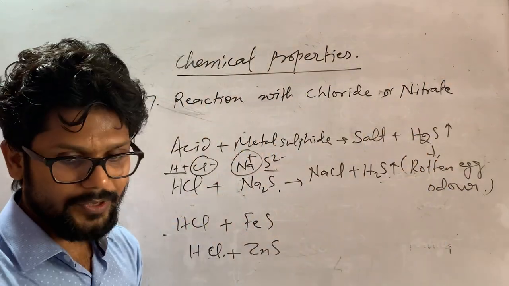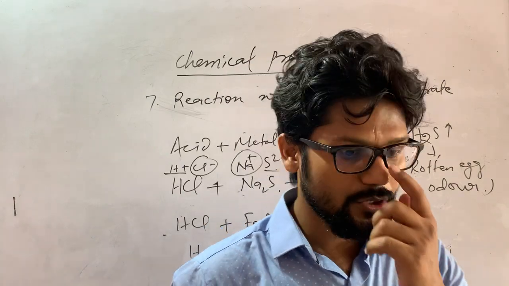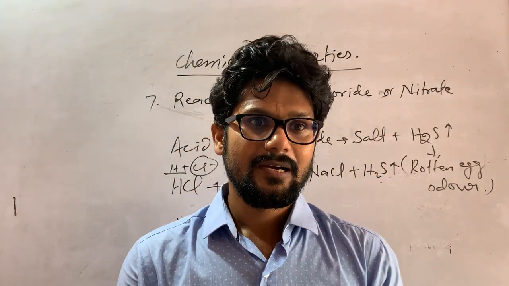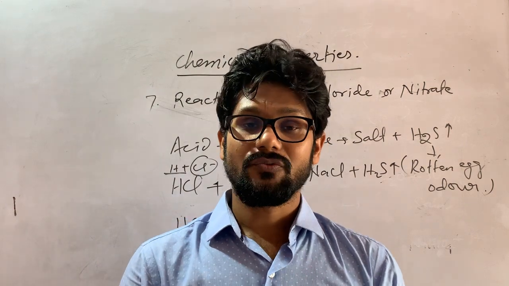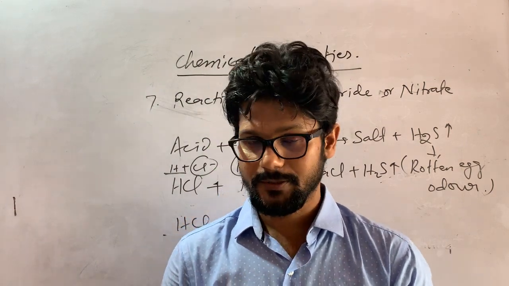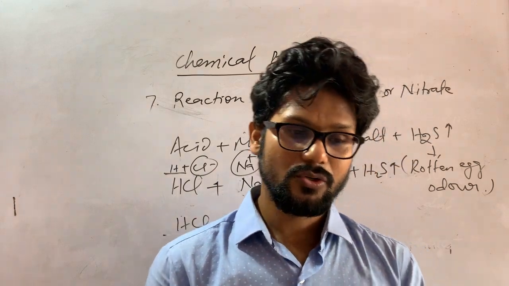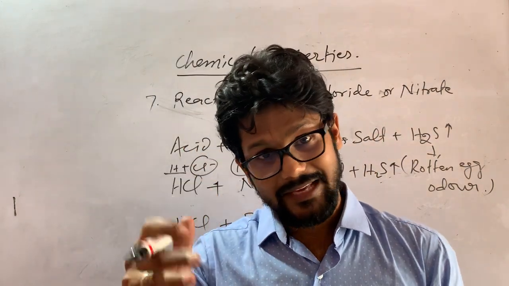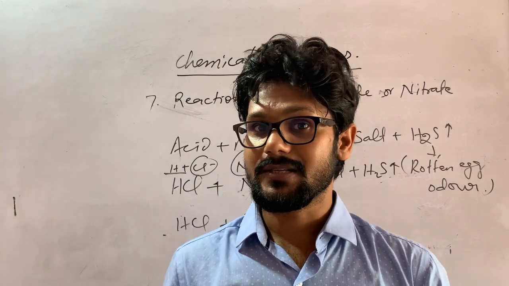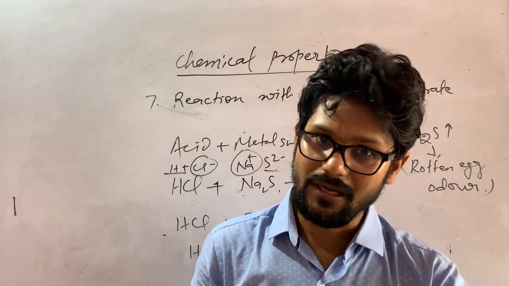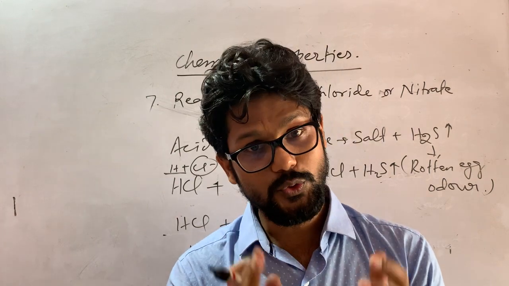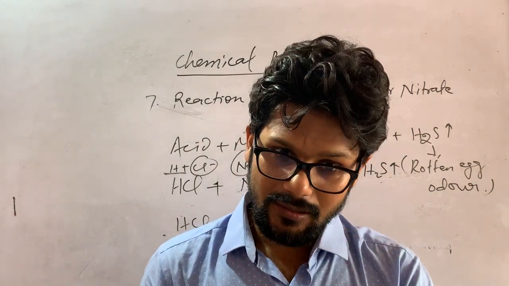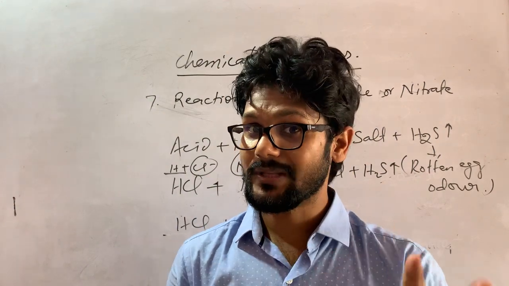Okay, here one thing you have to remember: chlorides or nitrates generally do not react with dilute acid. They react with concentrated acid. You must remember. But there are few chlorides and few nitrates which can react with dilute acid. So those are the exceptions.